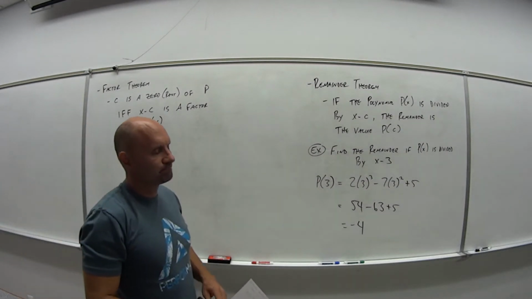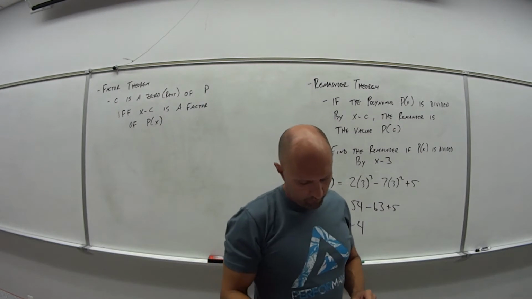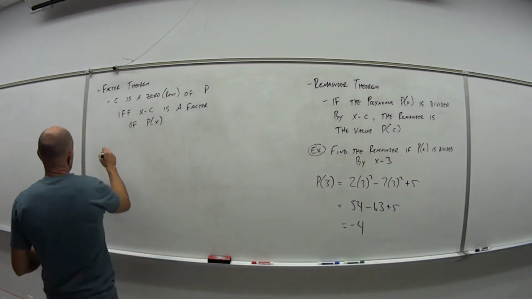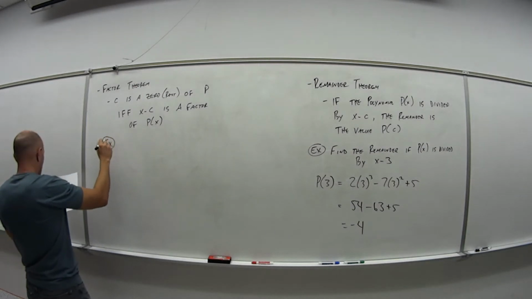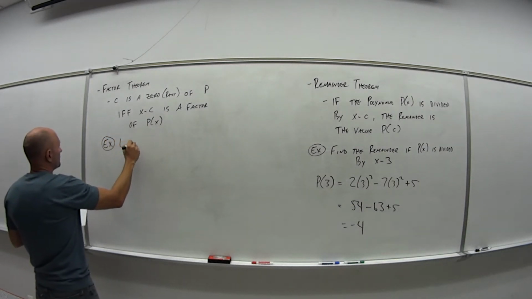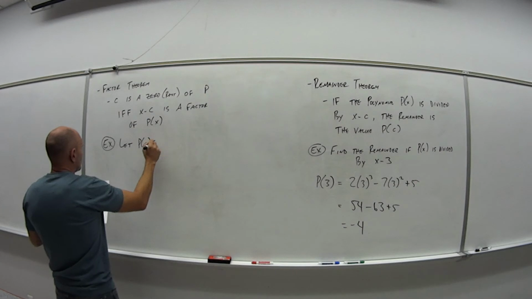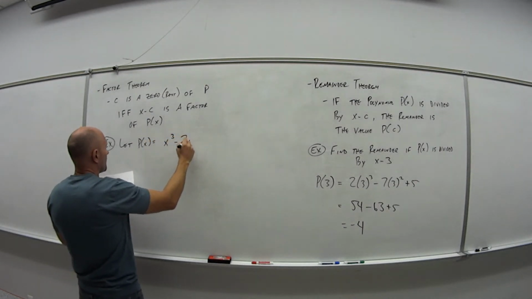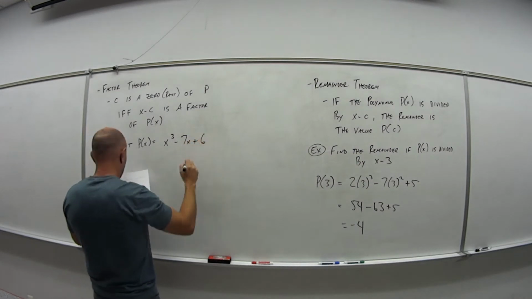So, let's look at an example. We want to let p of x equal x to the third minus 7x plus 6.